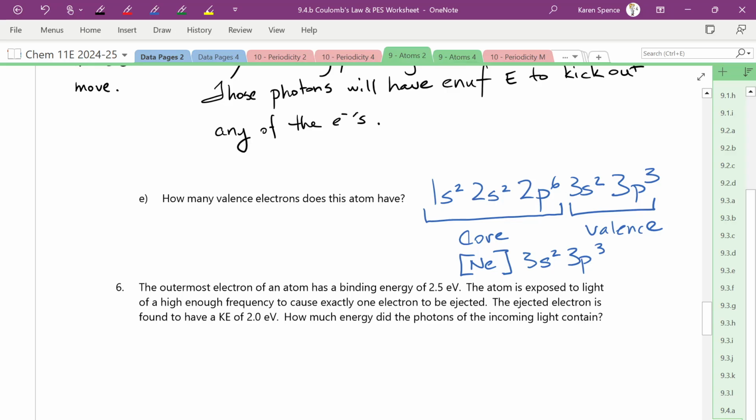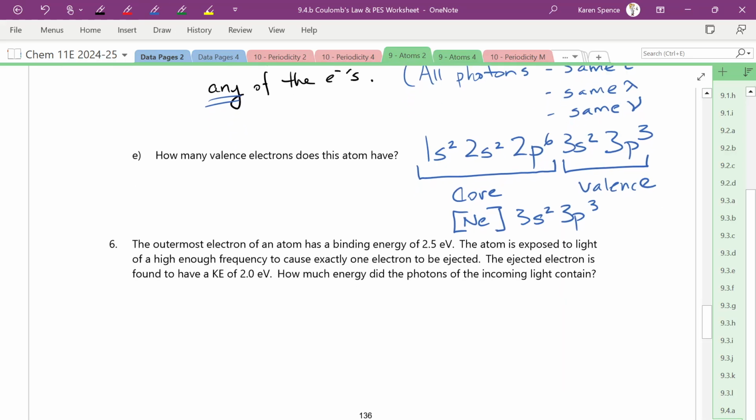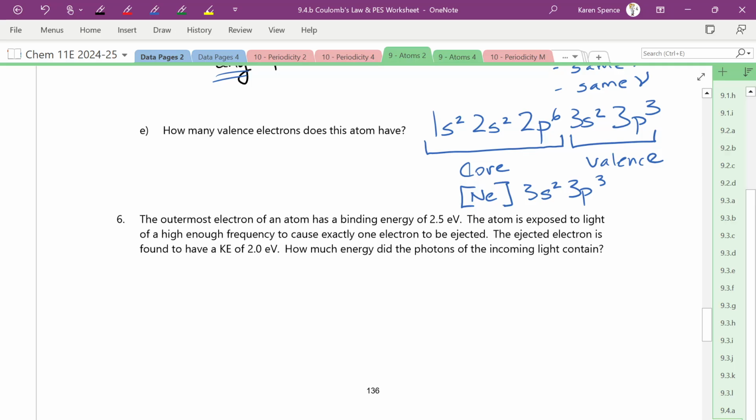Can you guys try number 6? See if you could write a formula and then plug in some numbers.